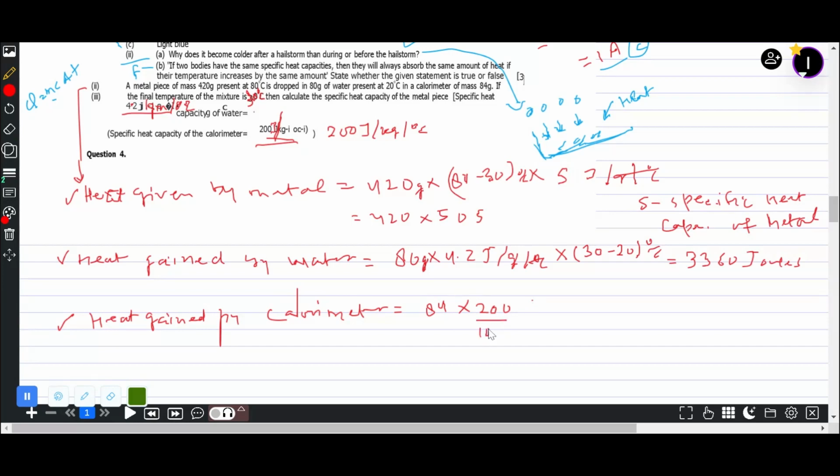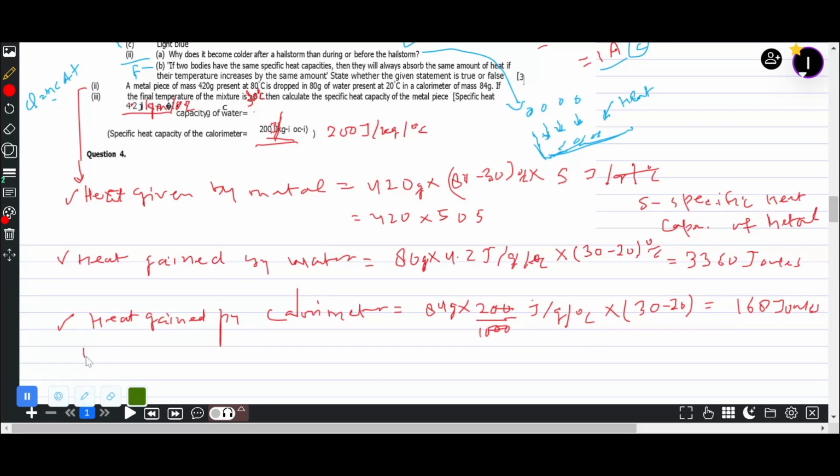So we'll convert this to joules per gram because the mass of the calorimeter is in grams. So now this becomes joules per gram per degree centigrade, and the increase in temperature is, this is also at 20 degree, right? Increase in temperature is 30 minus 20. That is equal to 2 by 10, 1 by 5, into 30 minus 20 is 10. So 10 by 10 by 10 is 0. So we have 84 into 2, that is 168 joules.